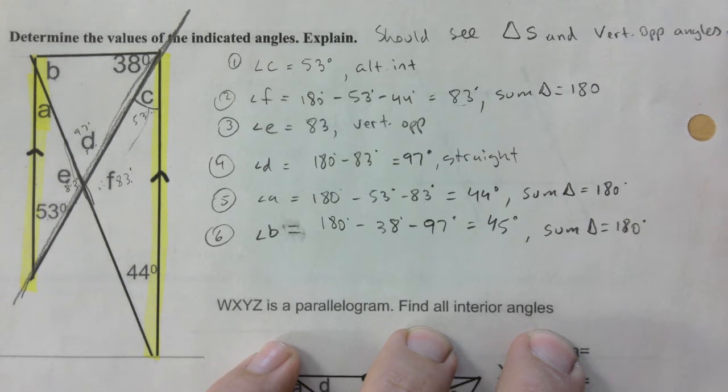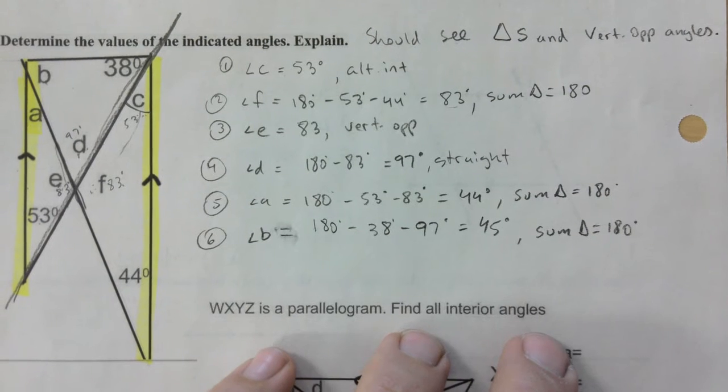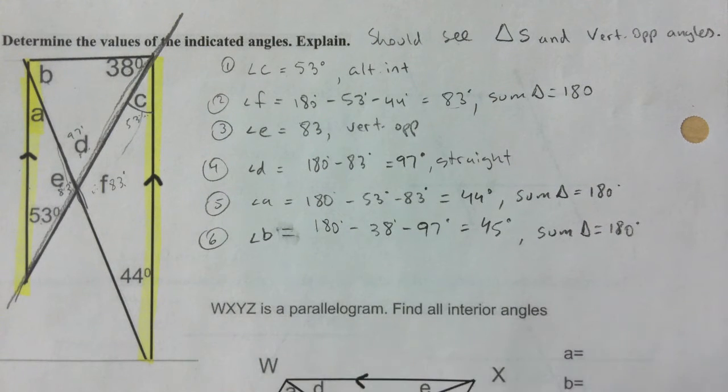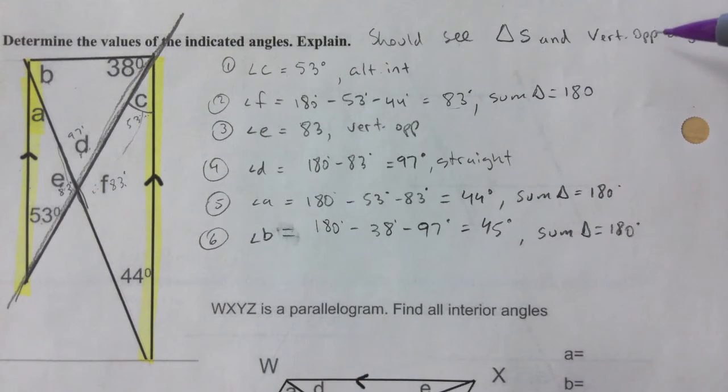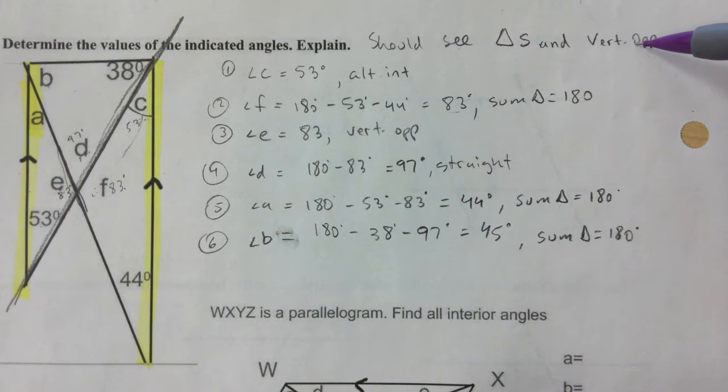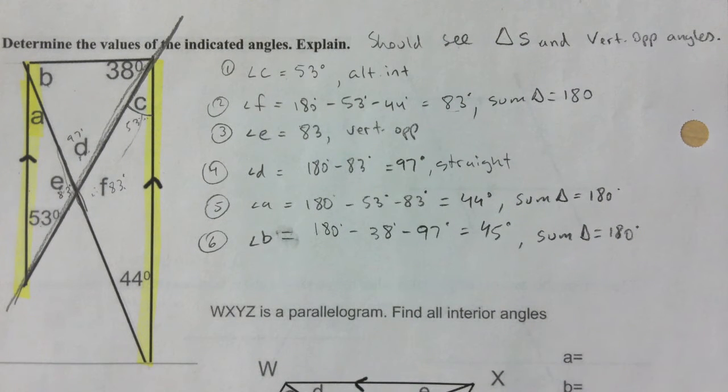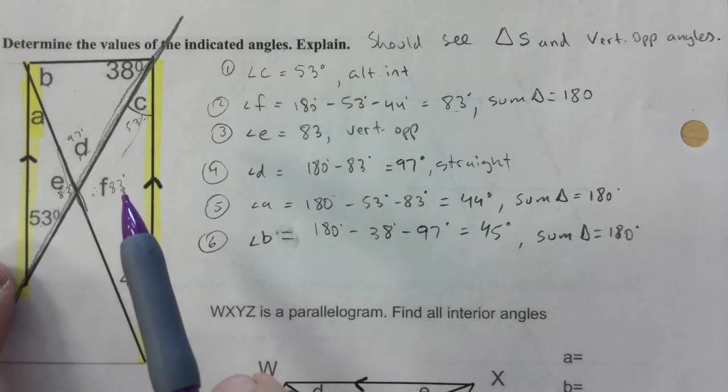Those are always true. It doesn't matter if it's this unit, if lines are parallel or not. These two properties are always true, and you can use them to your advantage. Okay, so I used that to help me out quite a bit here.